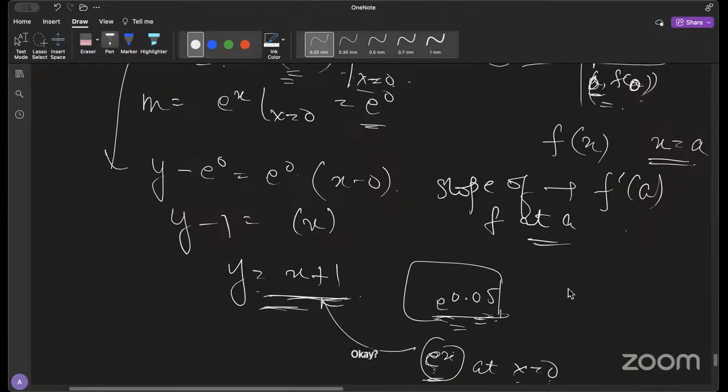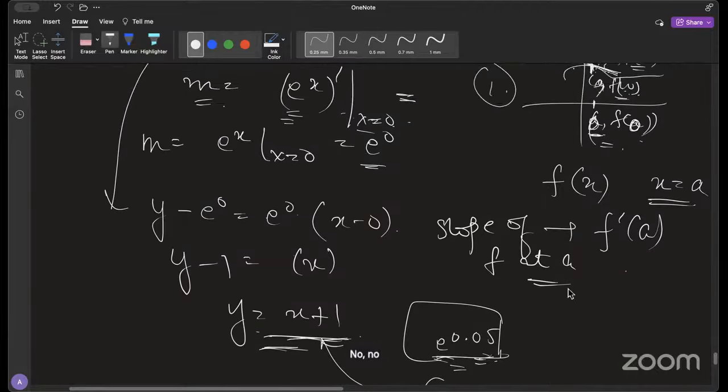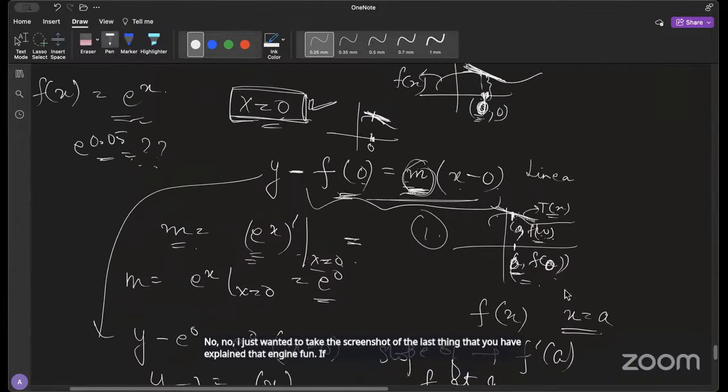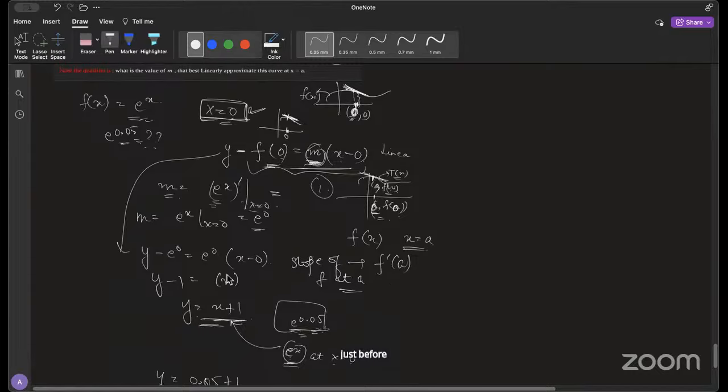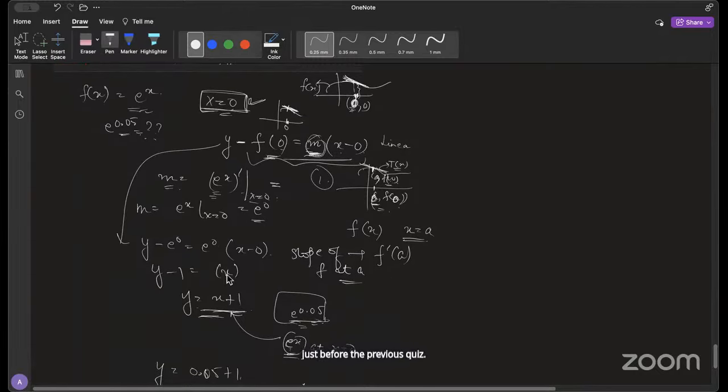Ma'am, I just wanted to take a screenshot of the last thing that you explained, the tangent one. If you can zoom in a little bit, and go a little down. Before the previous quiz 1, they have uploaded, let me check the supplementary content, live session slides.